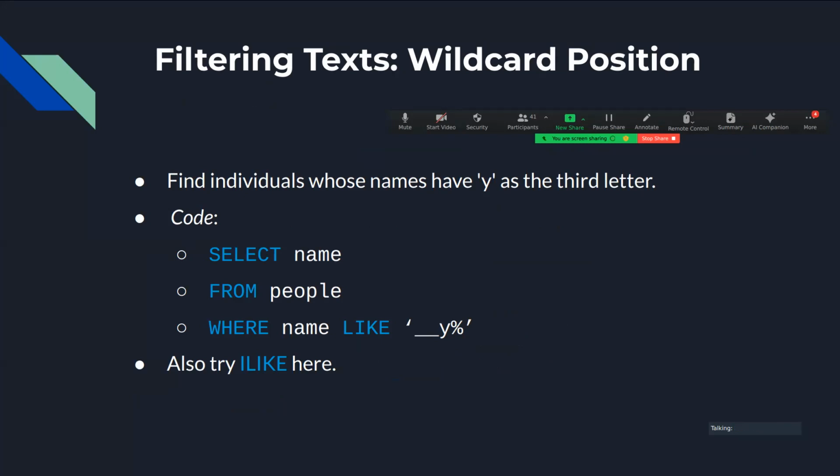So does your name have Y as the third letter? How do we find that out? First, you can use the underscore 2 times to specify that this first letter can be anything, second letter can be anything, then we want the third letter to be Y, then we don't care about the rest. It can be any number of characters after the Y. So you're focusing on the third letter Y.